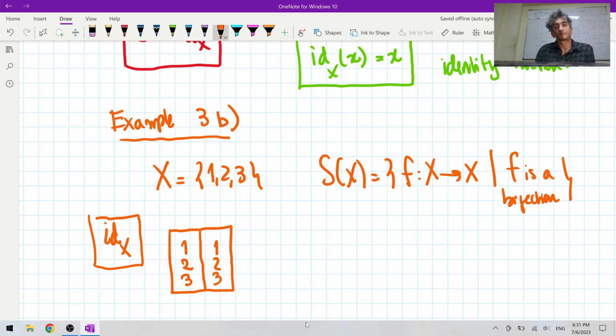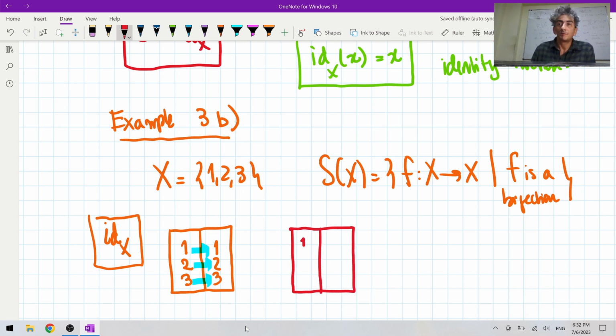It's a correspondence between elements of X and elements of X. Maybe you can think of it as a reordering of 1 to 3. So what else? Well, we have another table, maybe the function that sends 1 to the number 2, 2 to the number 1, and 3 to the number 3.